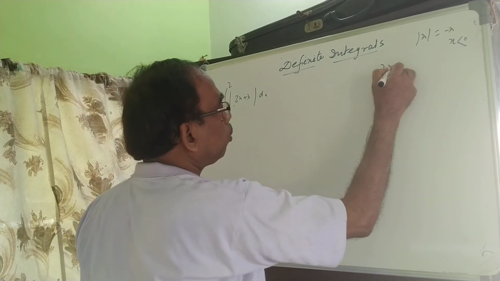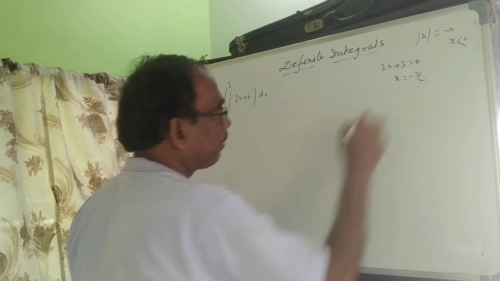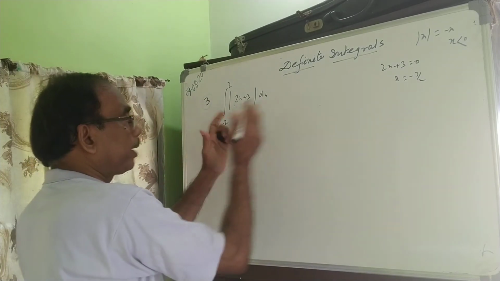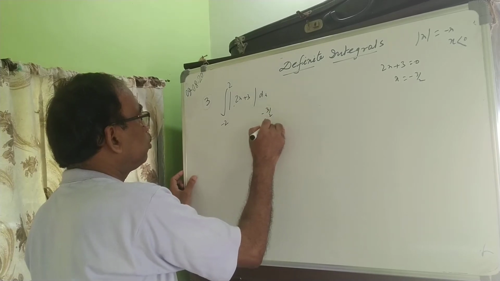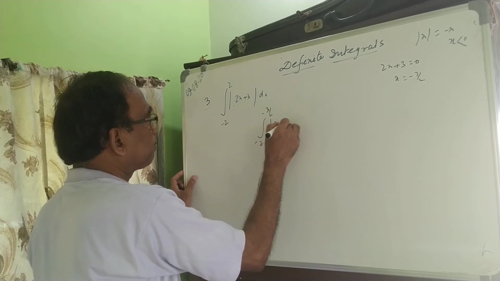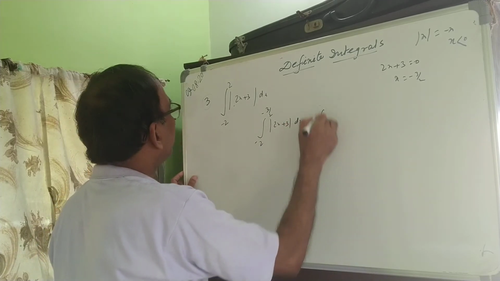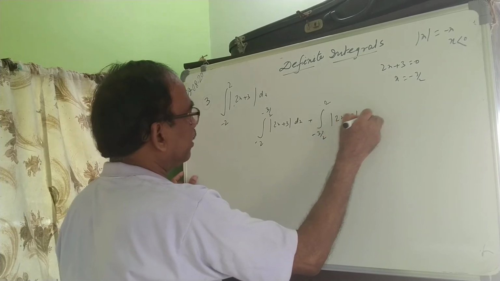Here 2x plus 3 equals 0, that is x equals minus 3 by 2. Your interval should be minus 2 to minus 3 by 2. You have to break into two intervals: minus 2 to minus 3 by 2 of modulus of 2x plus 3 dx, plus minus 3 by 2 to 2 of modulus of 2x plus 3 dx.